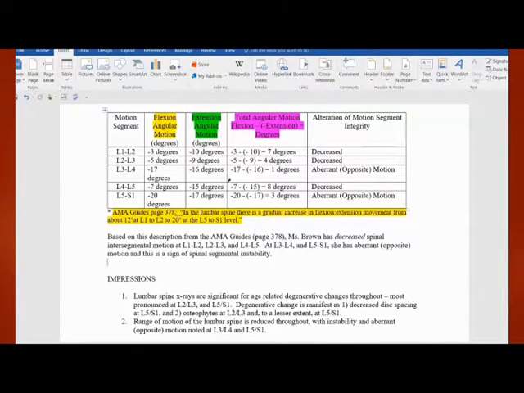L4, we have minus 17 degrees of flexion angular motion, and the spine then moves through some movement to end up at minus 16 degrees of extension angular motion.